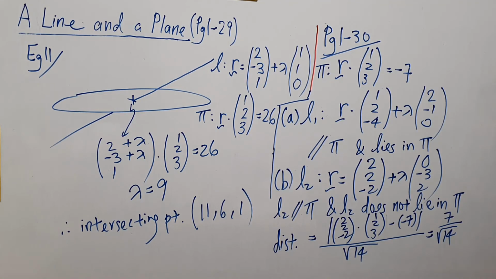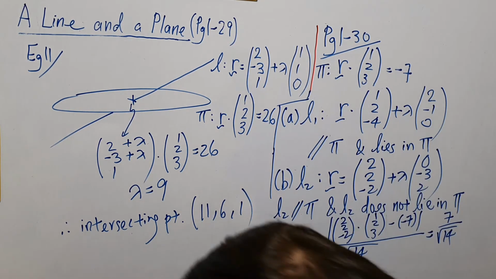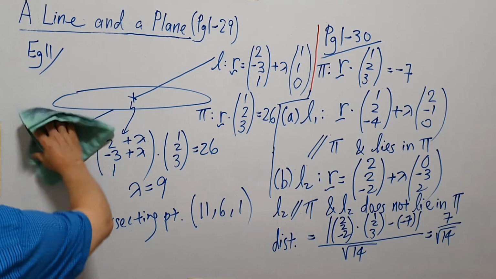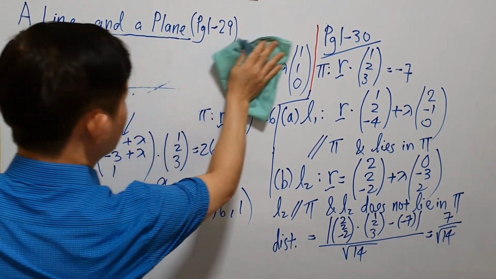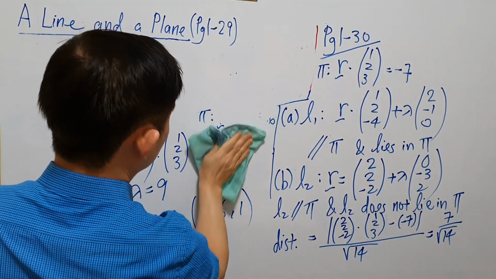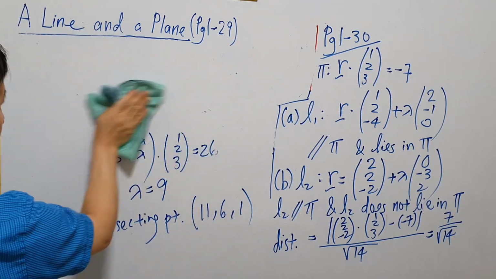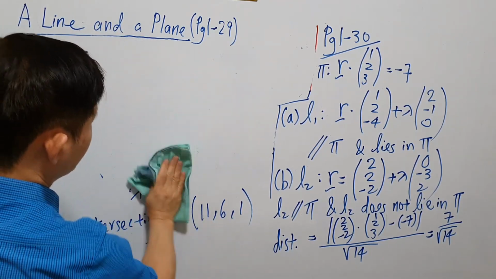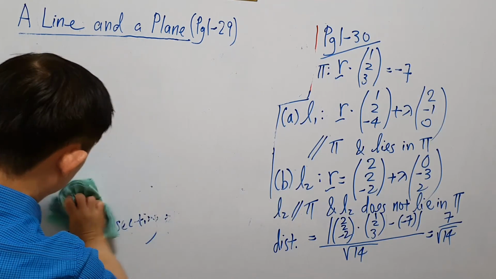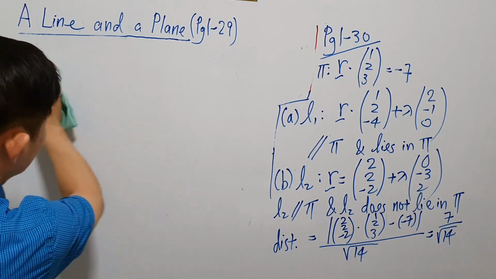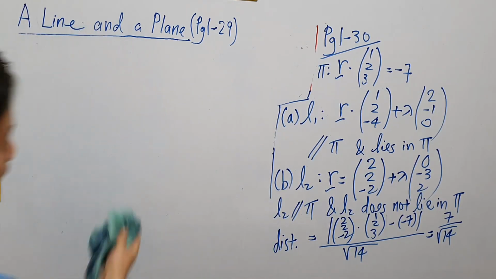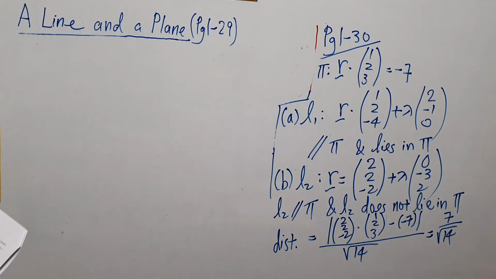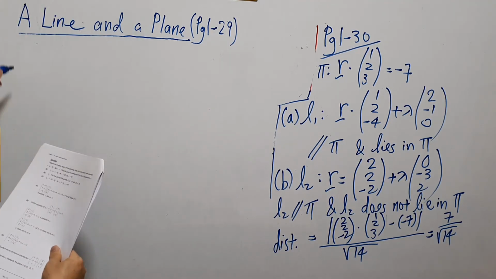Then there's a part C. In the case of part C, let me erase this space here to do part C. Alright, in part C, the line given to you is L3.